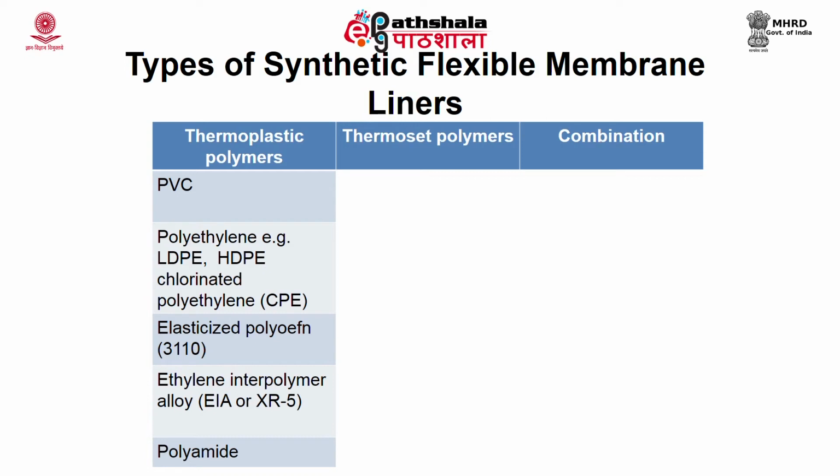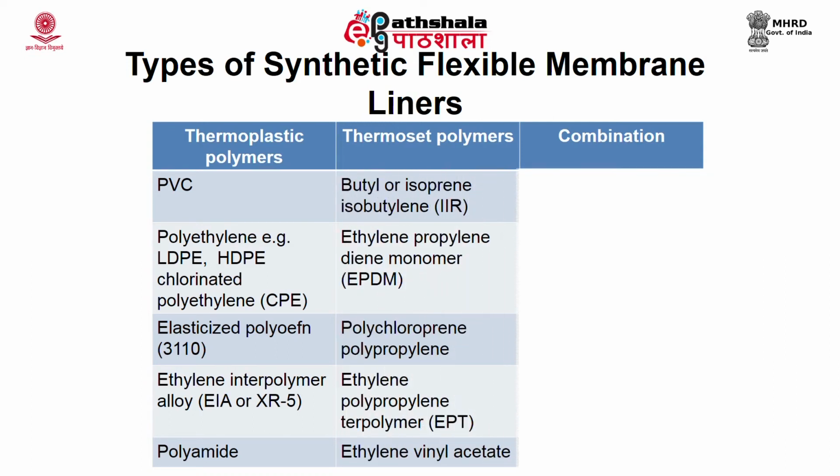Also elasticized polyolefin, ethylene interpolymer and polyamides are used, and butyl isoprene, isobutylene, ethylene propylene diene monomer, polychloroprene and polypropylene, ethylene polypropylene tetra polymer, terpolymer and ethylene vinyl acetate. These are used as part of thermoset polymers.